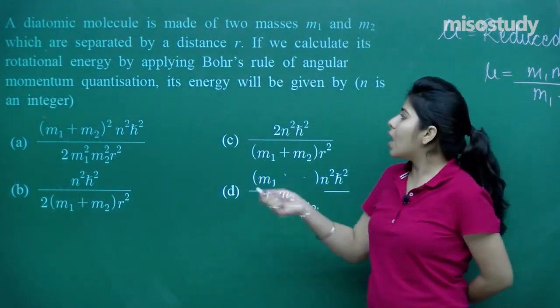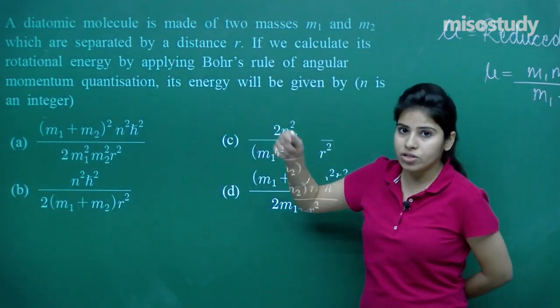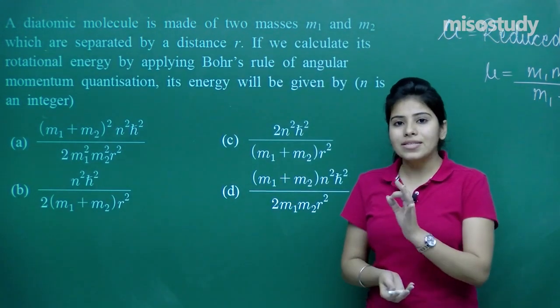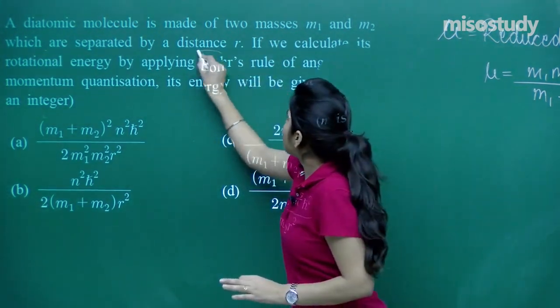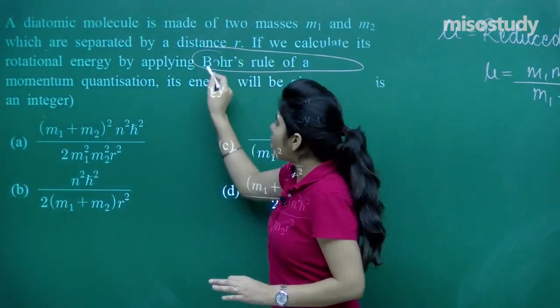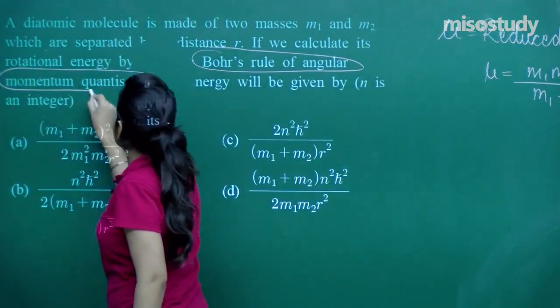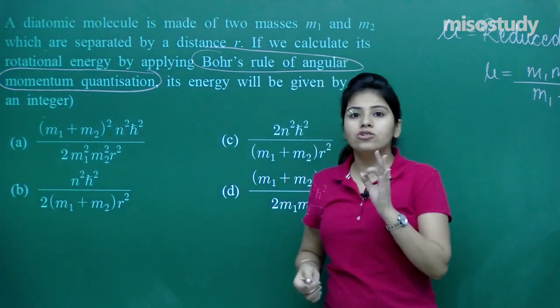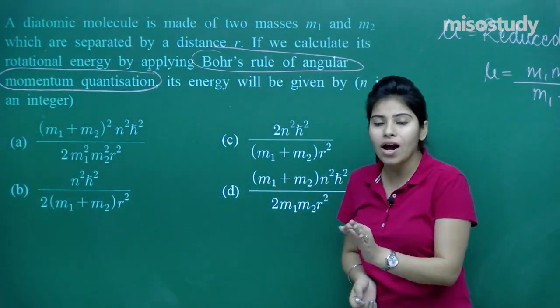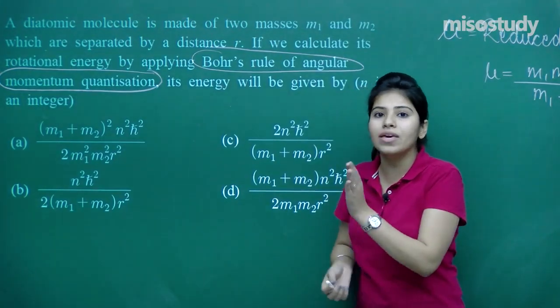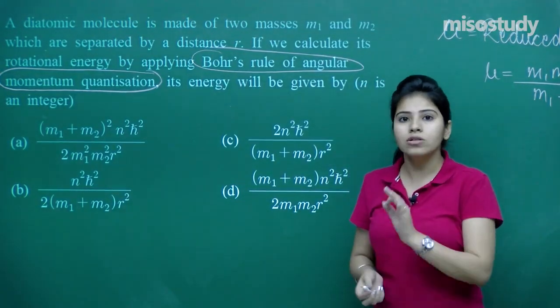So basically we have to find out the energy. We have been told to apply Bohr's rule of angular momentum quantization, and that rule is what? That rule says that L equals mvr. Again your mvr will be equal to nh upon 2 pi.